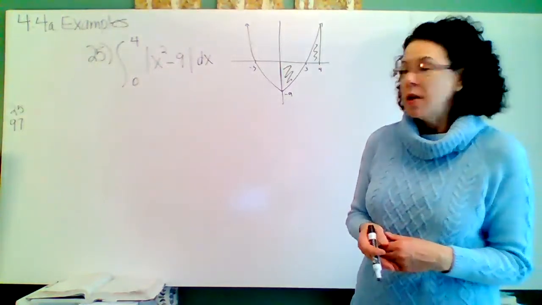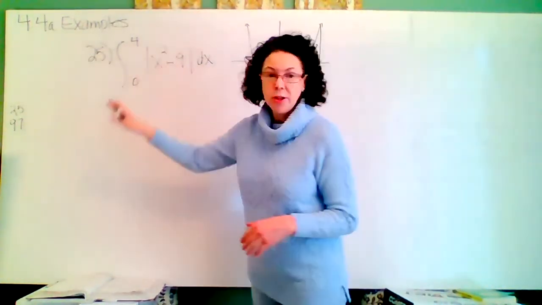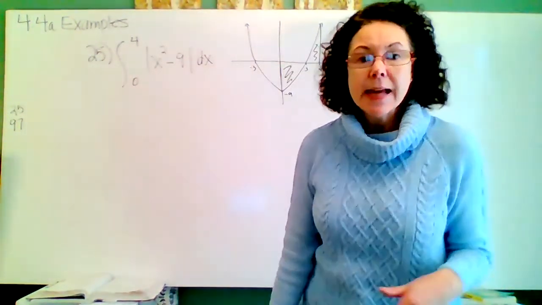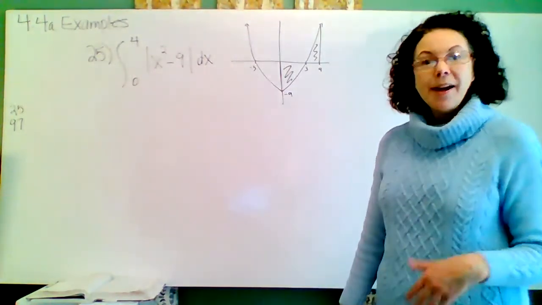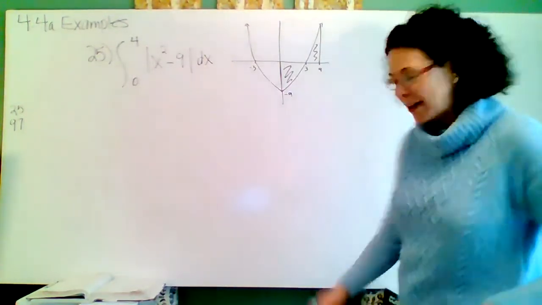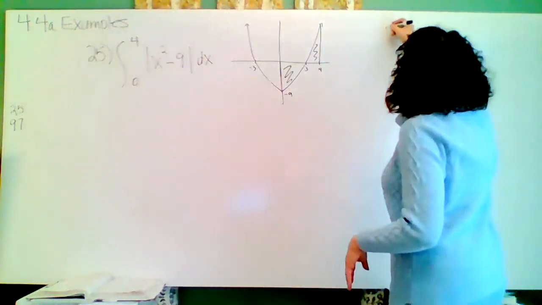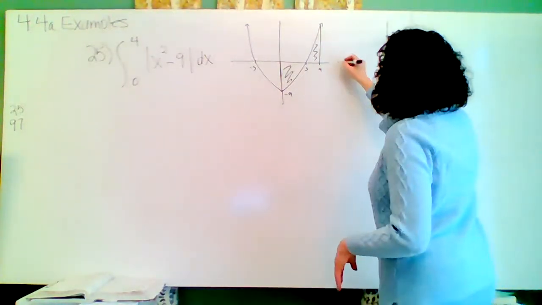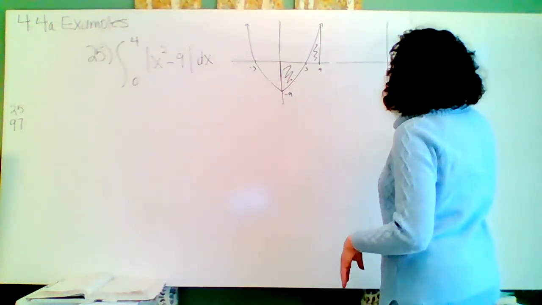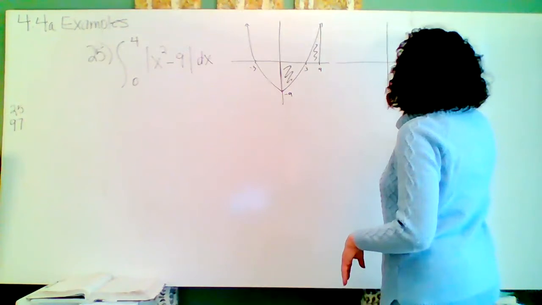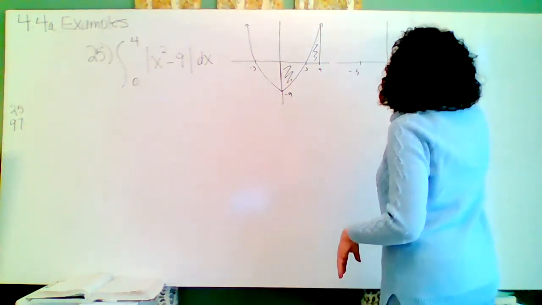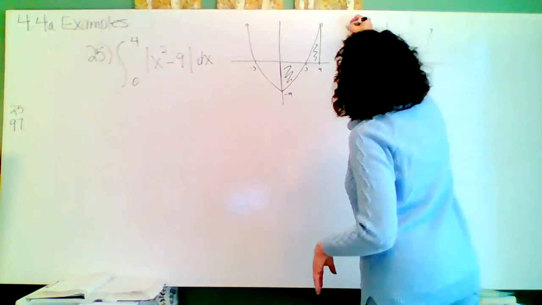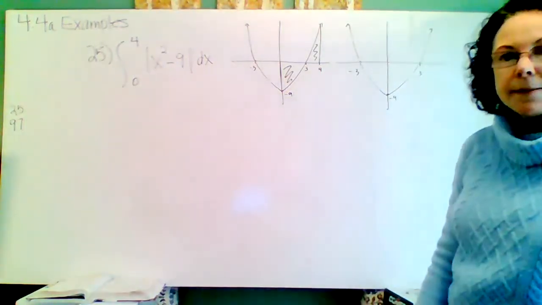Another way you could do this is you may say, well, Ms. Culver, what if I just draw the whole function, not just x squared minus 9, but the absolute value of x squared minus 9. If you know what that looks like, you don't have a calculator in your hand, right? But how would you do that? Let's take a look. So here's -9, here's 3, here's -3, right? So I just drew, once again, x squared minus 9.